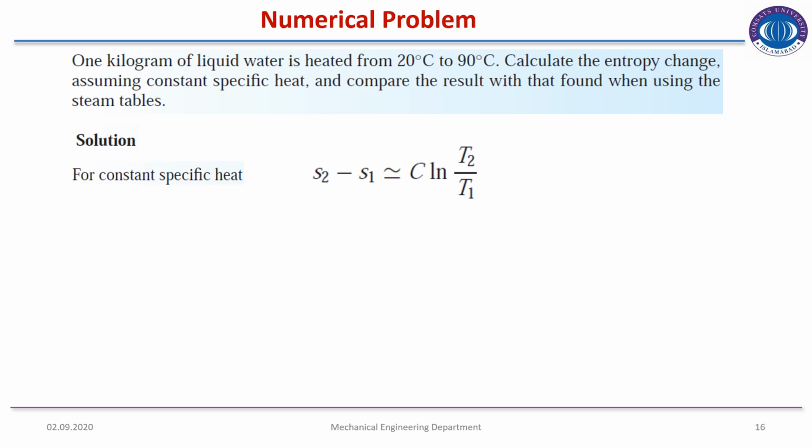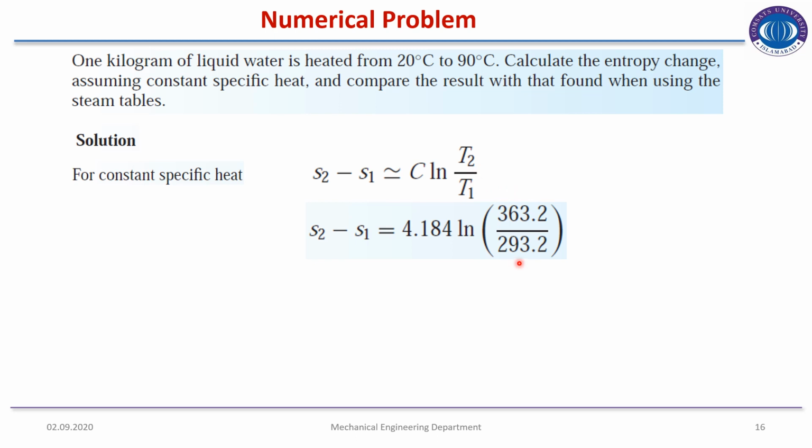As the working fluid is liquid water, it is incompressible and has only one specific heat value. Therefore, S2 minus S1 is equal to C natural log T2 over T1. The value of C is 4.184.